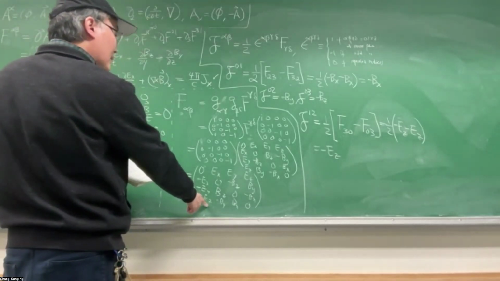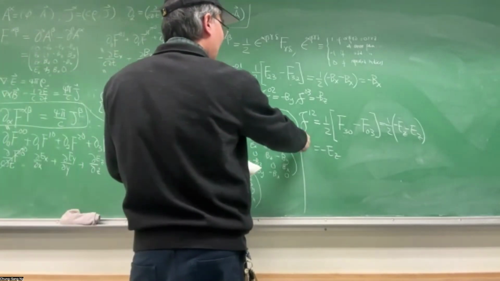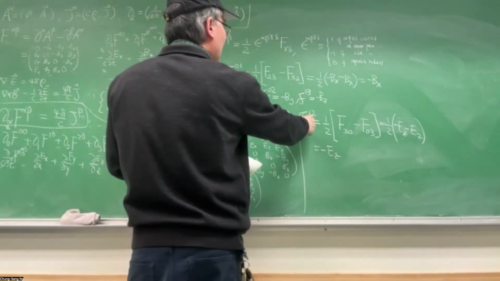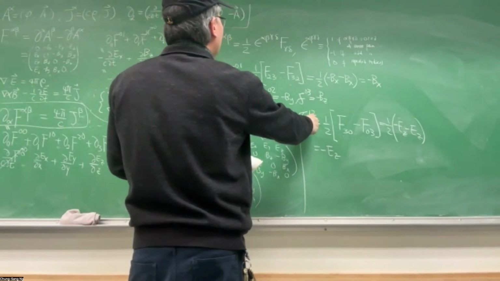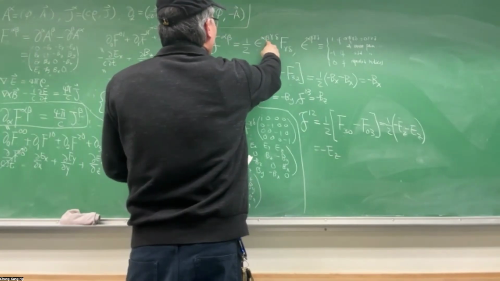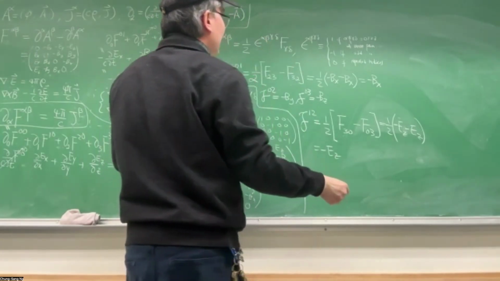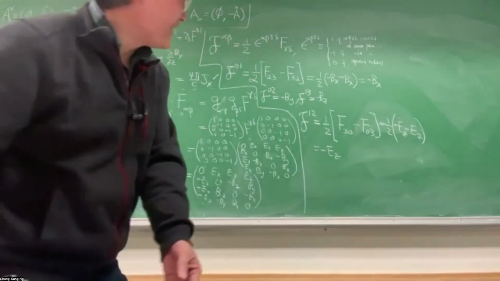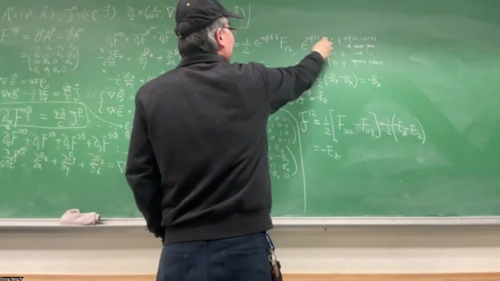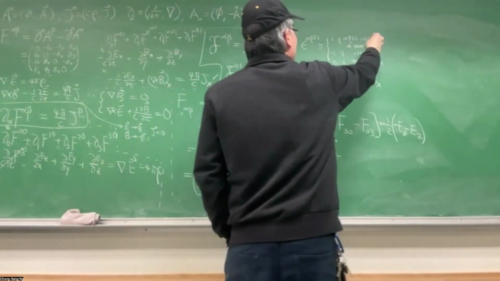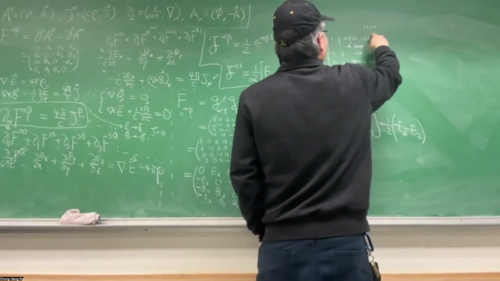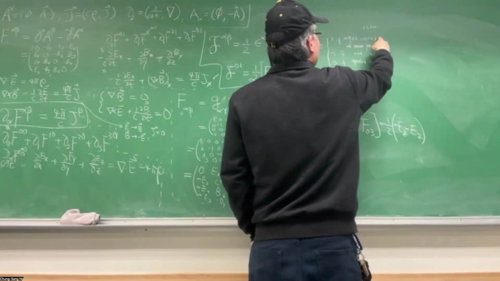No, the F12 isn't F03 one with the plus and F30 is one with negative. Oh yeah, you're right. Yeah. I just lost count of the permutation. So you need to start from this. So you need to get to 1, 2, 3, 0. Now how to get this to 1, 2, 3, 0?